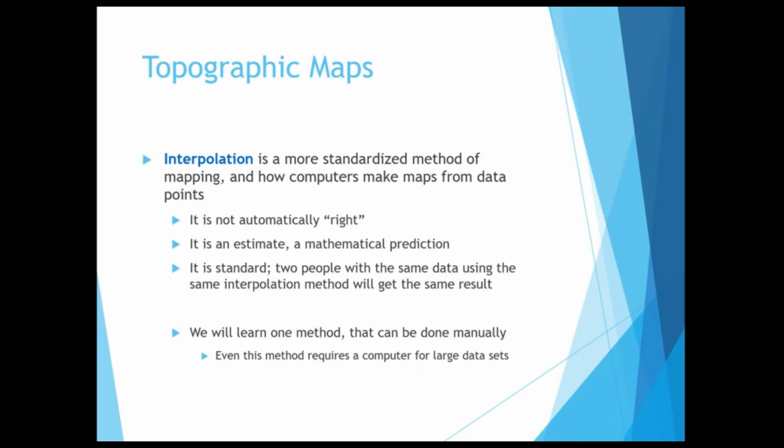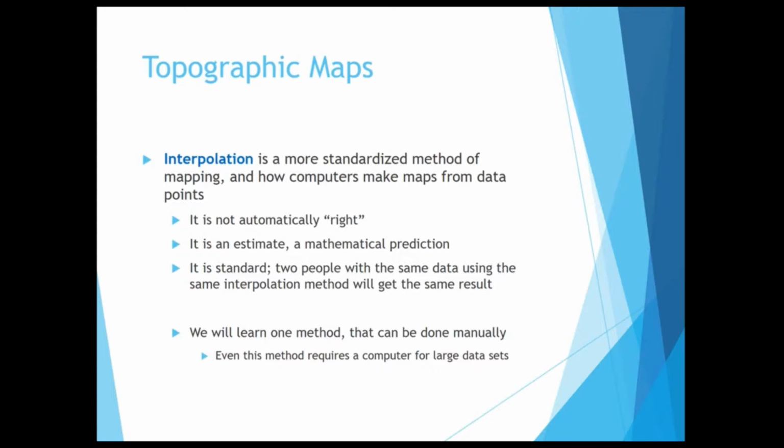Interpolation is a more standardized method of mapping. This is how computers make maps from data points. It's not automatically right. Just because computers do it doesn't mean it's always better. It is an estimate. It is a mathematical prediction, but it is standardized.